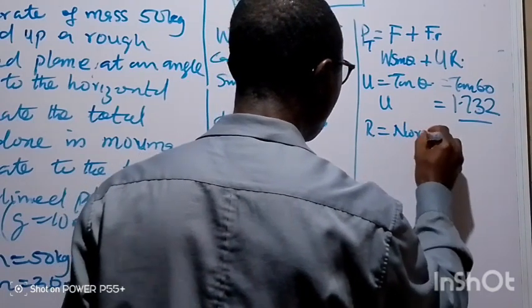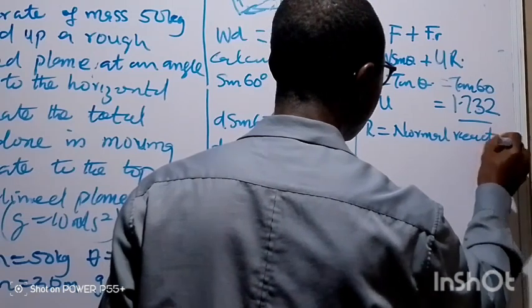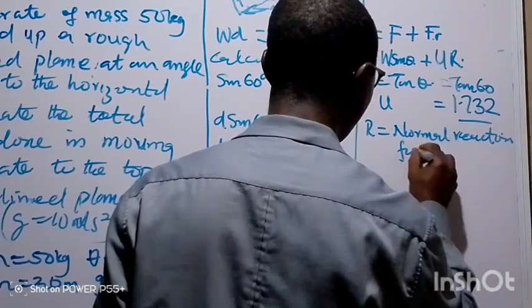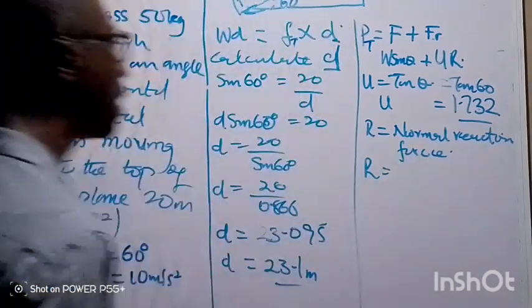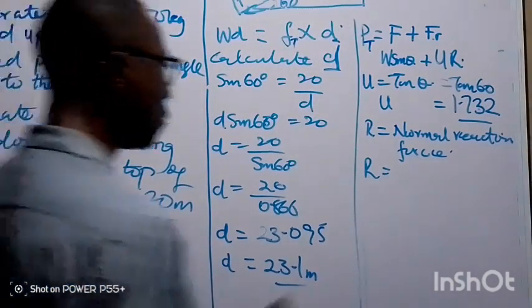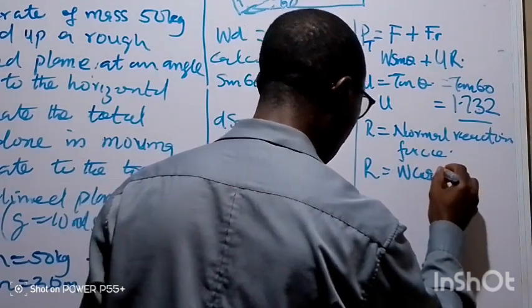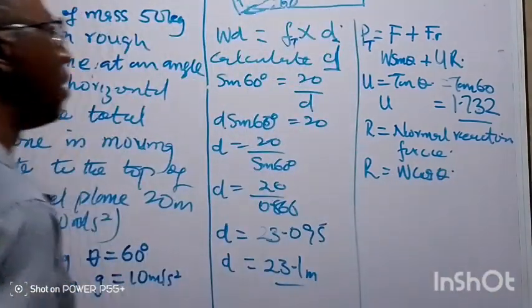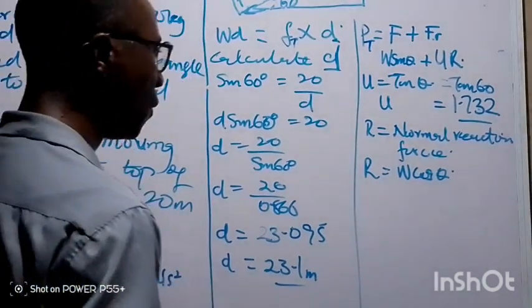Also, R is the normal reaction force. And don't forget, in our last lesson, under coefficients of friction on an inclined plane, we said R will be equal to W cos theta. How we arrive at all this, we explained in detail under coefficients of friction.